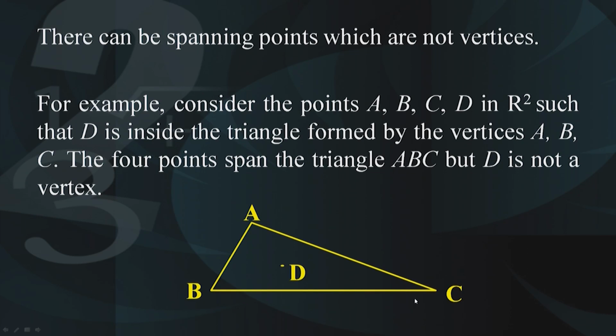Let us look at these 4 points A, B, C and D. Consider the points A, B, C, D in the 2-dimensional space such that D is inside the triangle formed by the vertices A, B and C. As you can see, the point D is in the interior of the triangle formed by A, B and C. Then we find that the 4 points span the triangle ABC, but D is not a vertex, and that is what the theorem tells us.